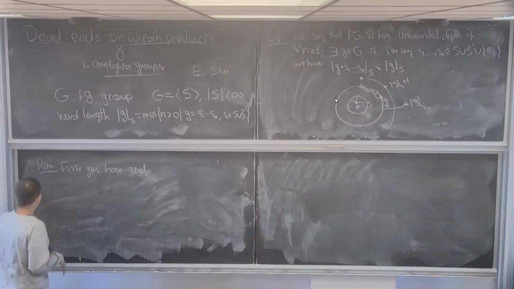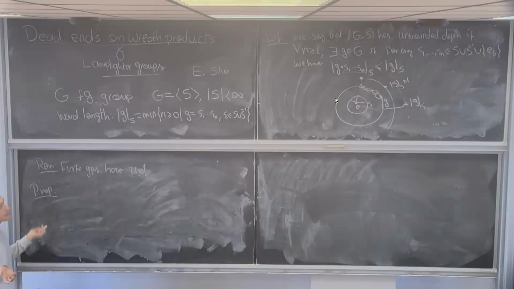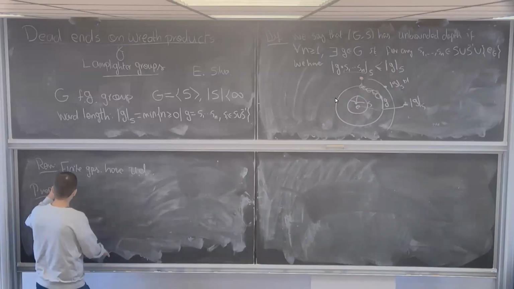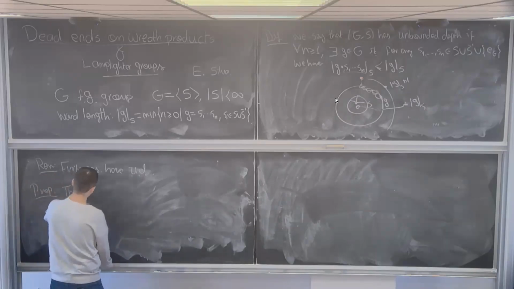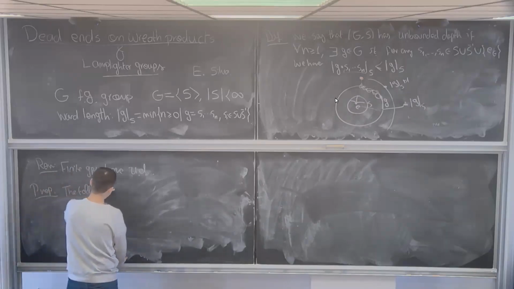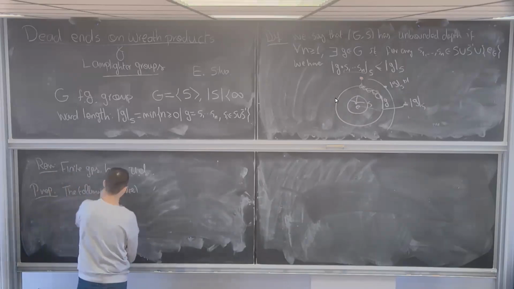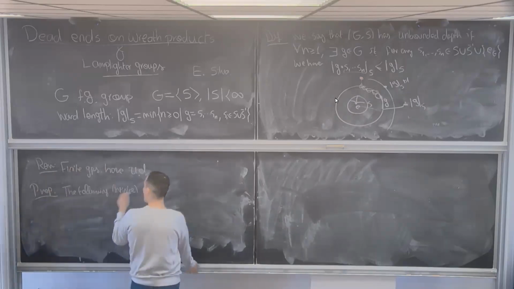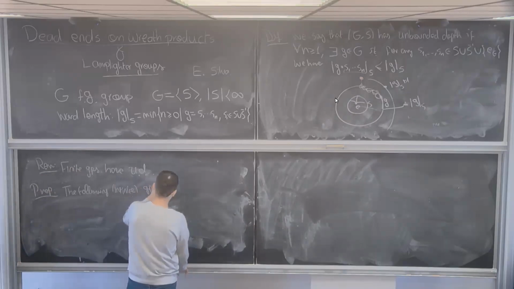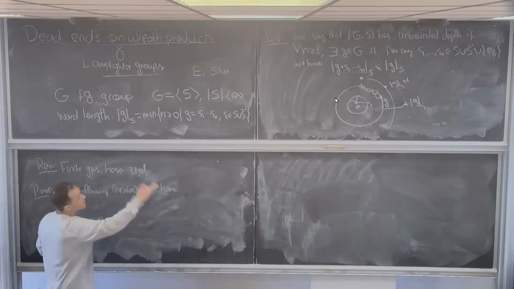This may seem a bit weird because many groups one thinks of do not have this property. So we'll state a proposition where I will tell you about many families of groups that do not have this property. So let's say that the following infinite groups, we have to work with infinite groups, otherwise they have a maximum there, do not have unbounded depth.